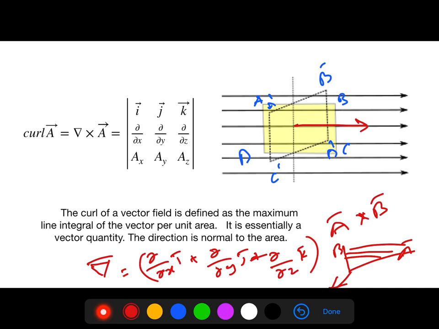It is a determinant. Del cross A bar is the determinant. Just like the vector product of A bar cross B bar, we represent del cross A bar.